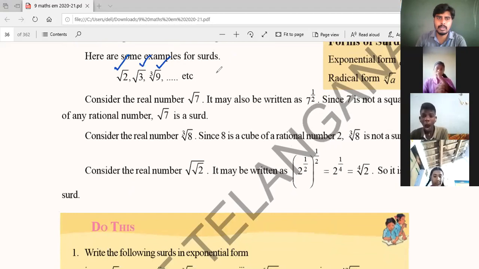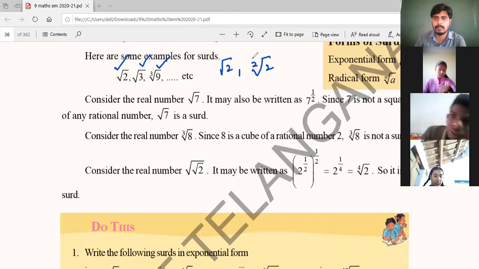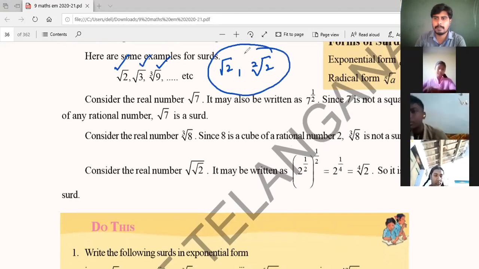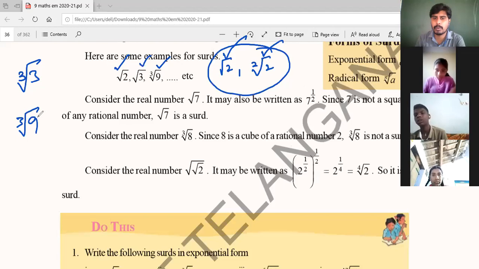If you observe, root 2 and square root 2 are the same. We read this as square root 2. This is called cube root 3, and this one is called cube root 9.